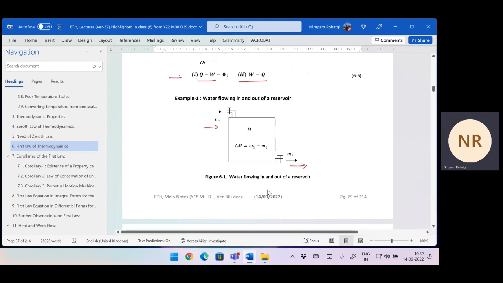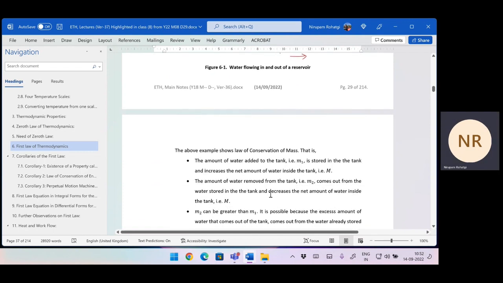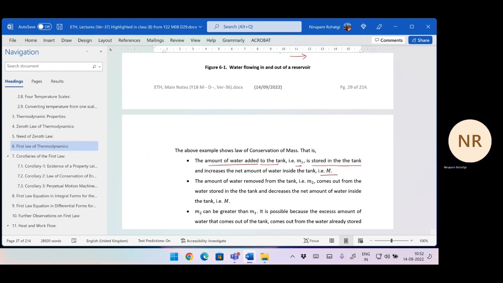So what will happen? Let us say in this case, the amount of water added to the tank, M1, is stored in the tank. So when you add water to the tank, what happens? It gets in and it's added to M, whatever mass is already there.